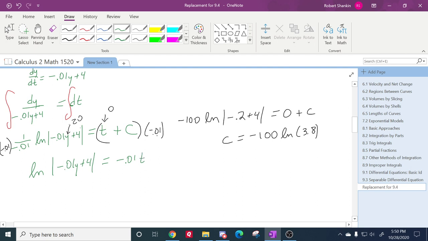The negative 0.01 also multiplies into the c, but the c was this over here. And so it's going to be negative times negative, that makes positive. The 0.01 times 100 kill each other off. 1/100th times 100 is 1, plus ln of 3.8.